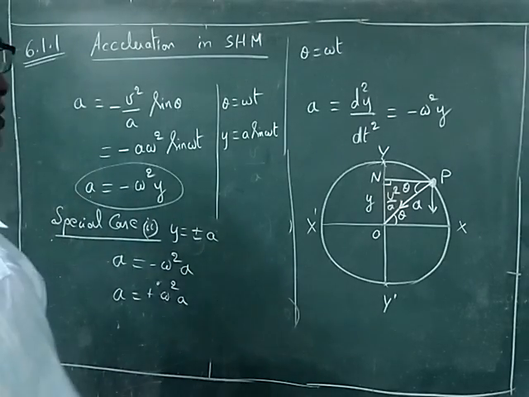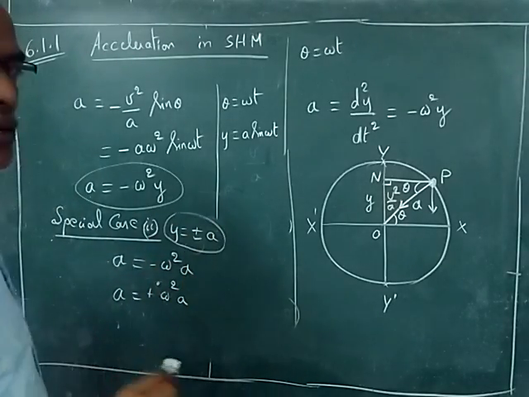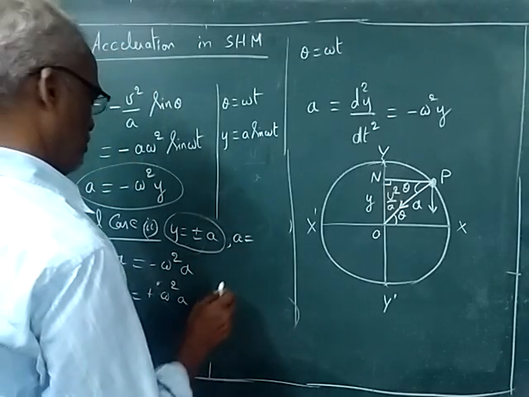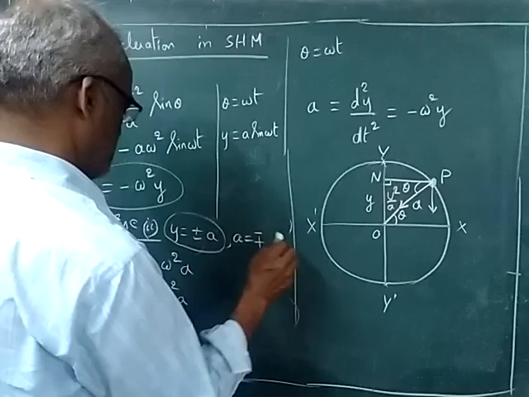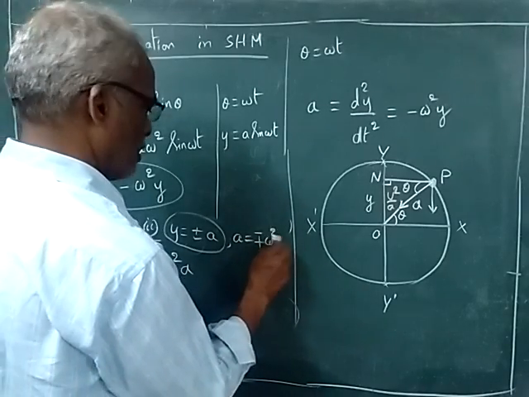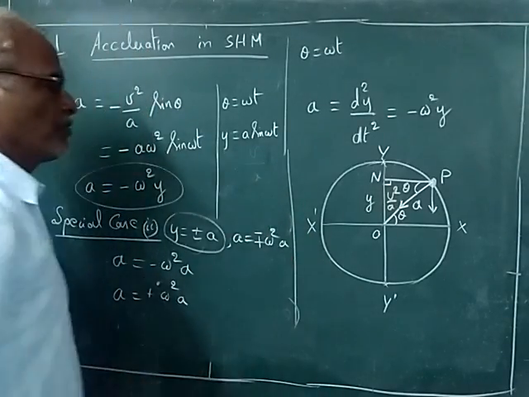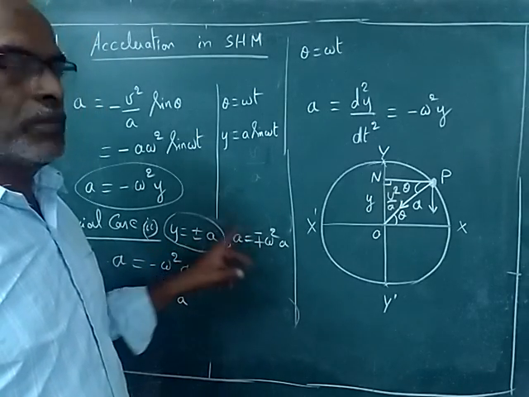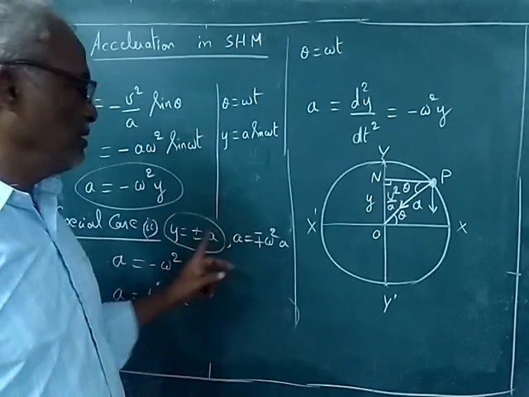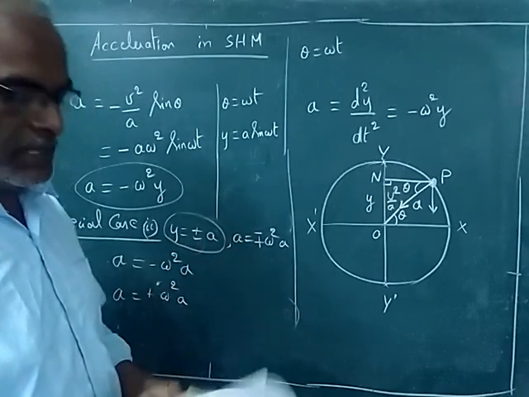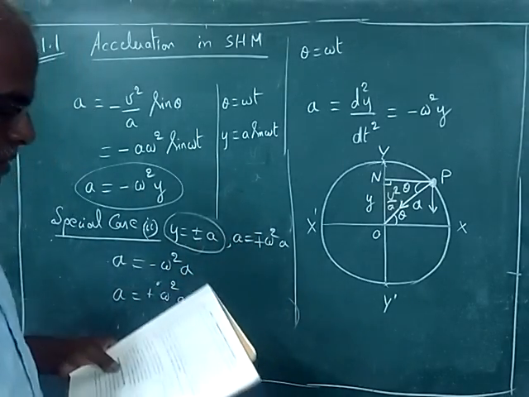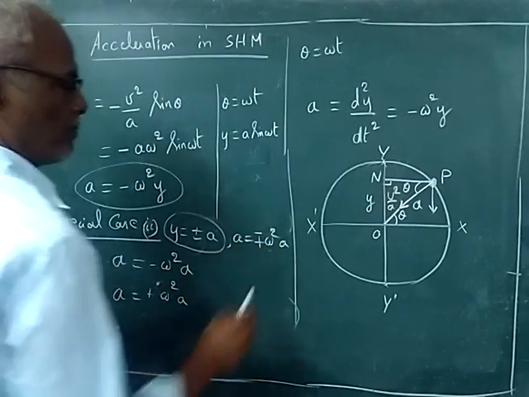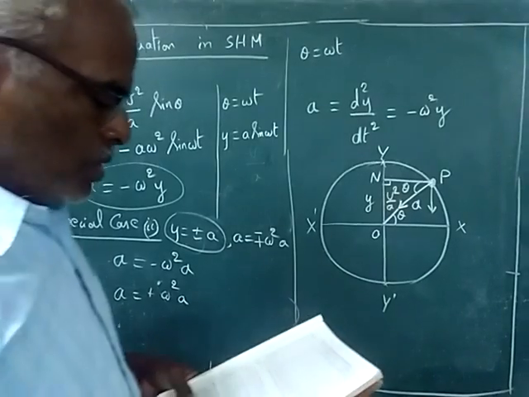That means when y is equal to plus or minus a, acceleration is equal to minus or plus omega square a. Now this you should not forget. If y is plus, acceleration is minus. If y is minus, acceleration is plus. So acceleration is equal to minus or plus omega square a. This is case 2.